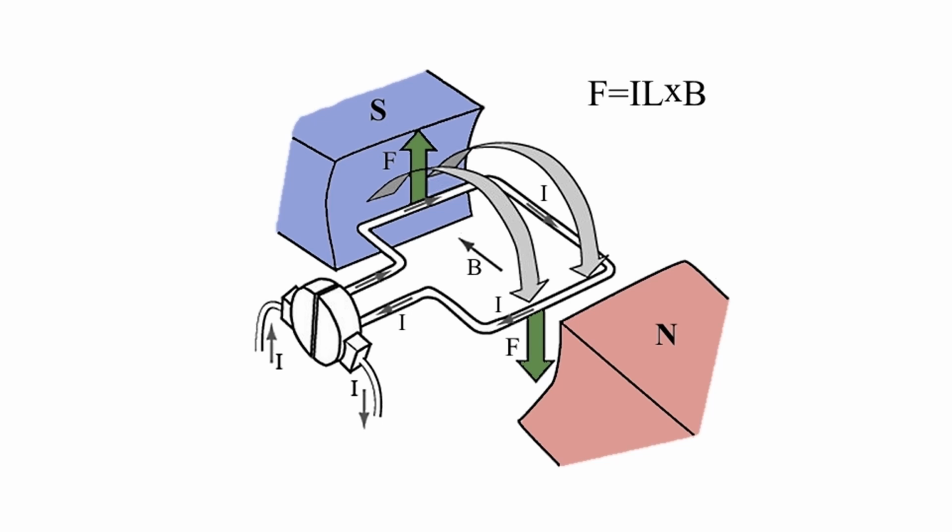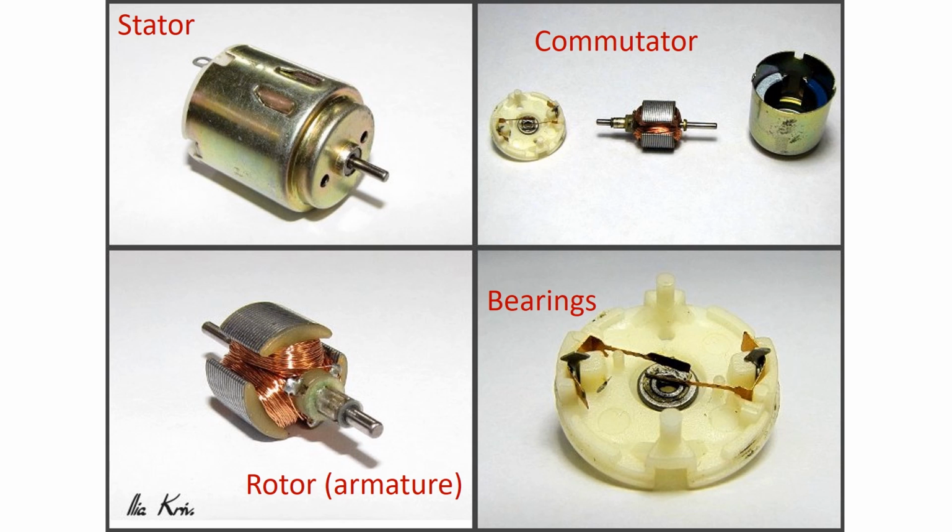In general, electric machine designs fall into a few important categories. Simple brushed DC machines, closely corresponding to the model we've covered here, induction machines, and brushless permanent magnet machines. Here is an image of a disassembled brushed DC machine showing the rotor windings, housing and stator, and the commutator and brushes in the top right.